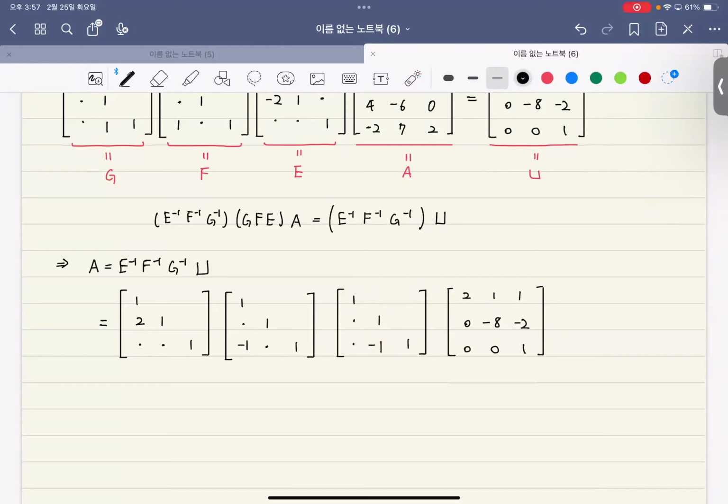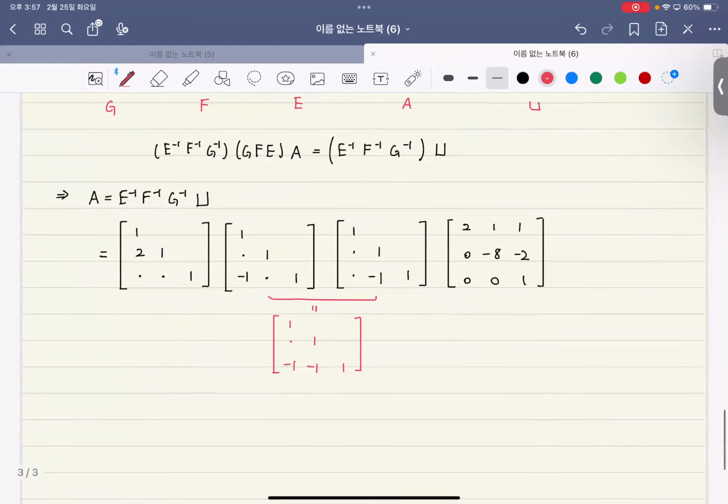So multiplying these two, I have one, right? Yes, this is good.